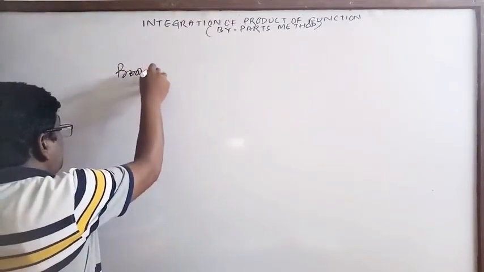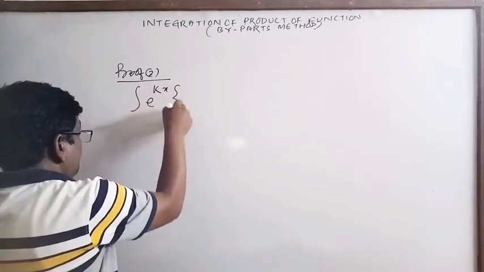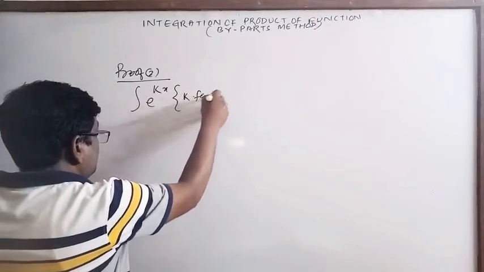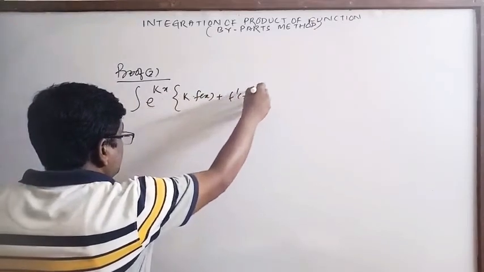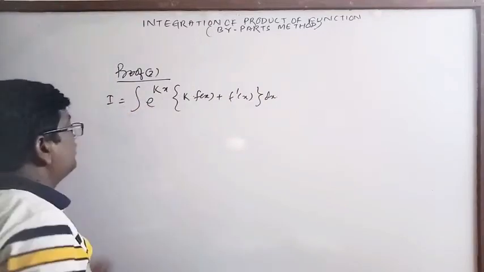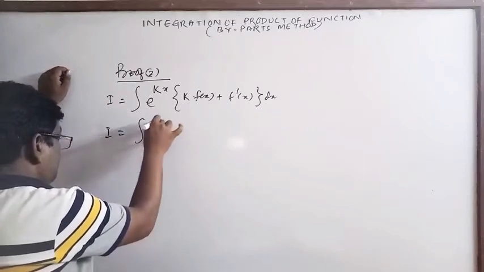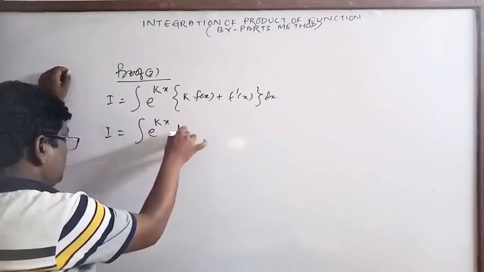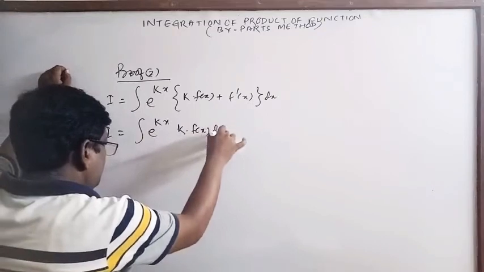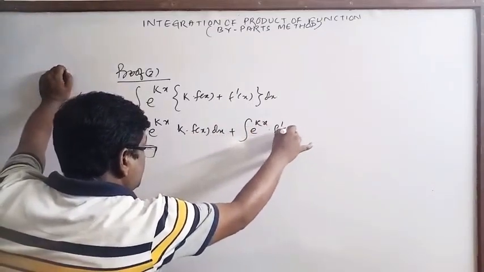proof 2, that is the integration of e to the kx, k into f of x plus f dash x, into dx. Let this be equal to I. So we will multiply: e to the kx k into f of x dx plus e to the kx f dash x dx.